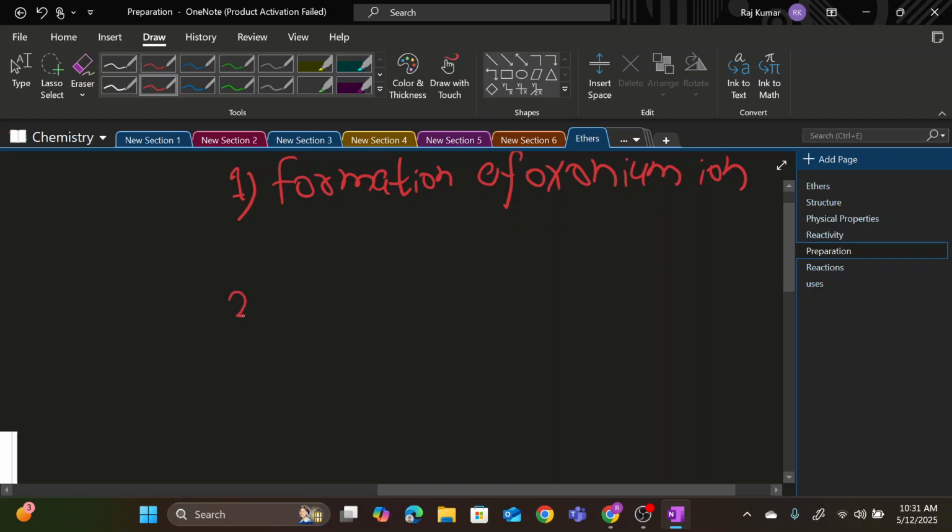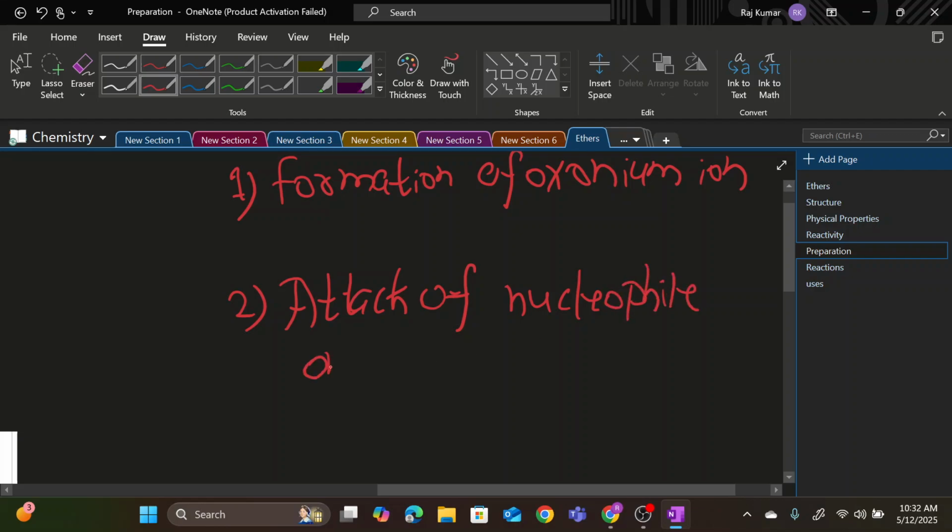And number two step is attack of nucleophile on electrophilic carbon. Let's look into it.